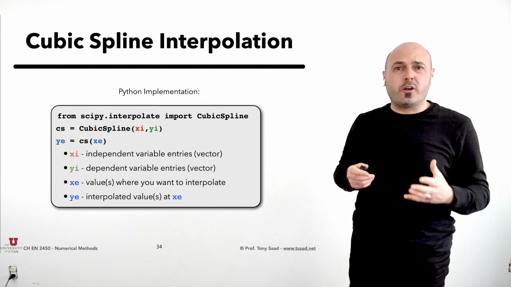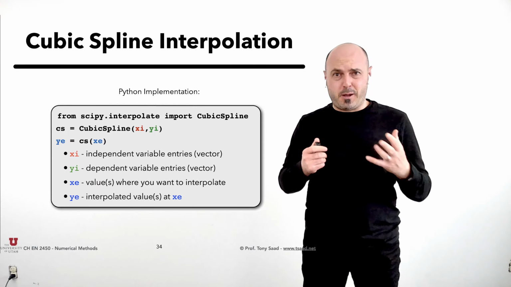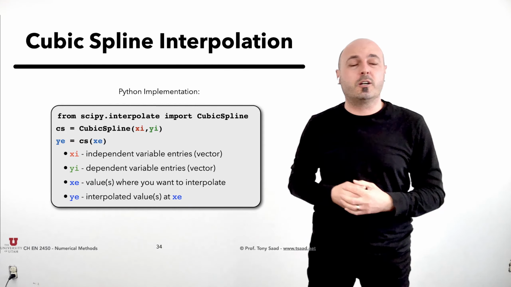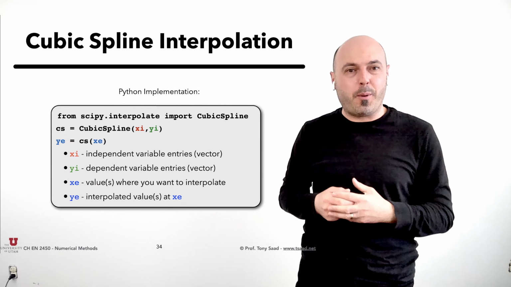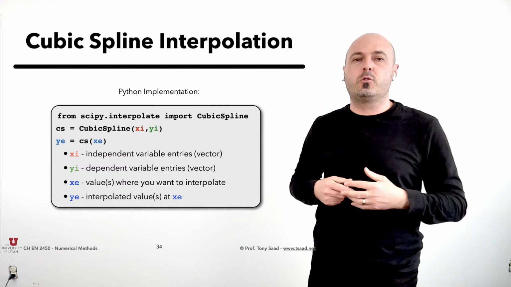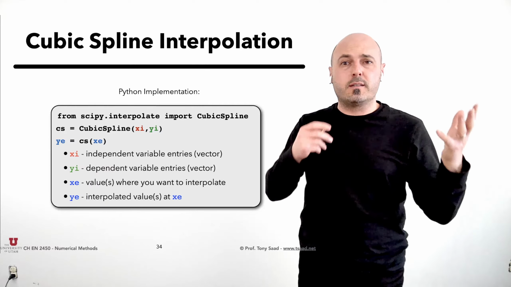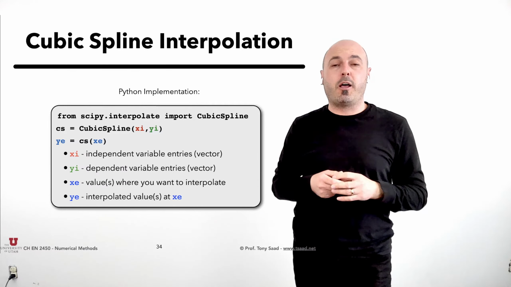So now on to Python. How do you do this in Python? Python provides a library with a spline interface for us, but that's not through NumPy. It is through SciPy. The module is scipy.interpolate, and it has a function called CubicSpline, which builds splines.